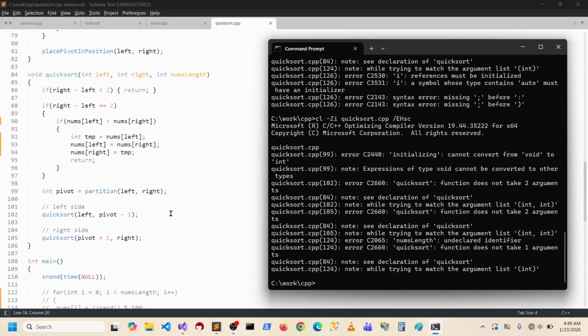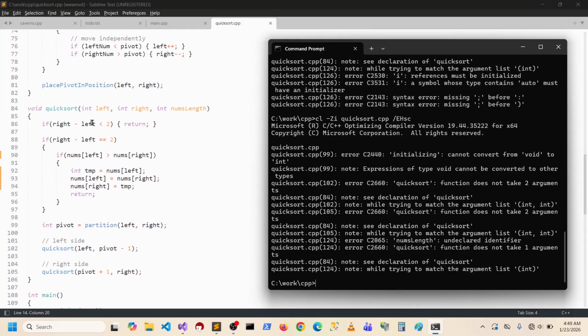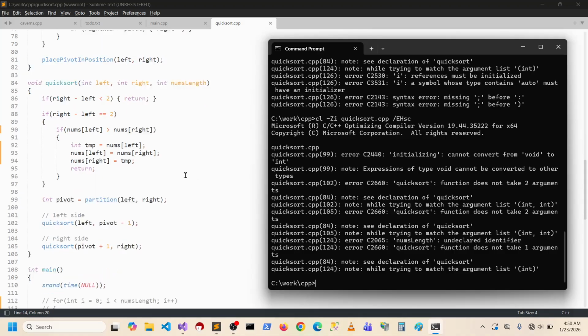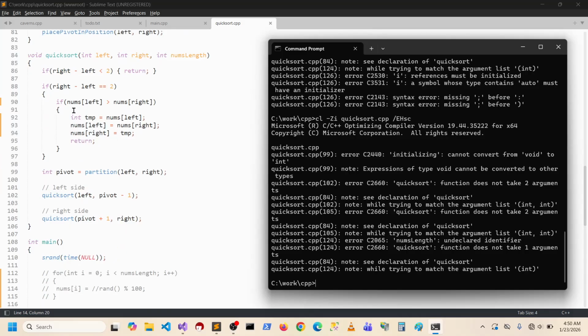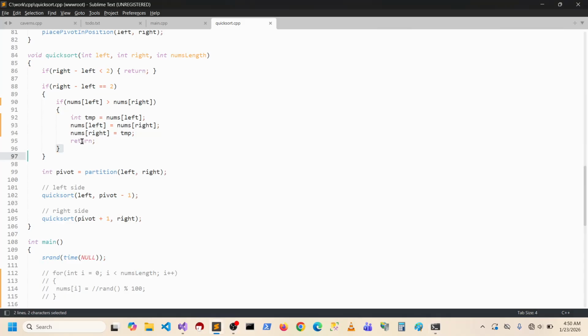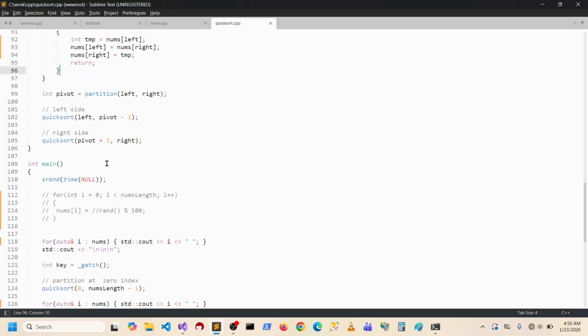What am I doing with quicksort here? Returning. Okay, there shouldn't be a problem with this. I'm just saying return, not returning anything. So am I saying something equals it? Where's that at?